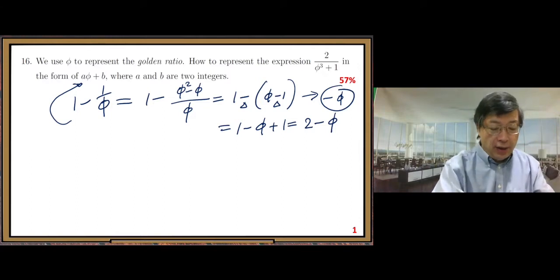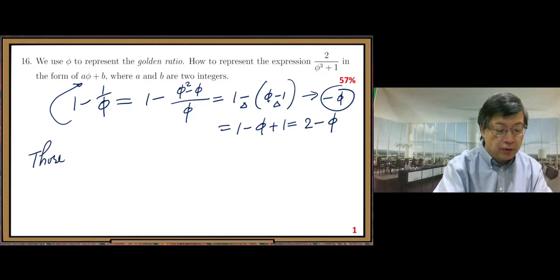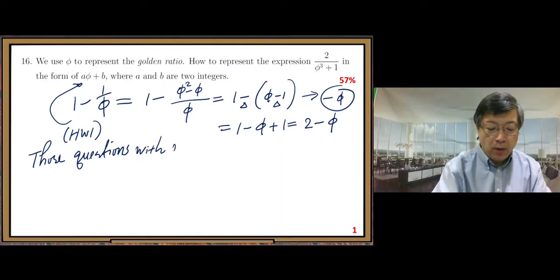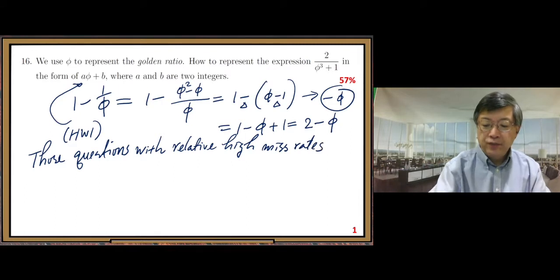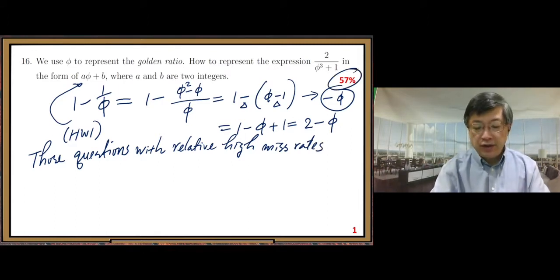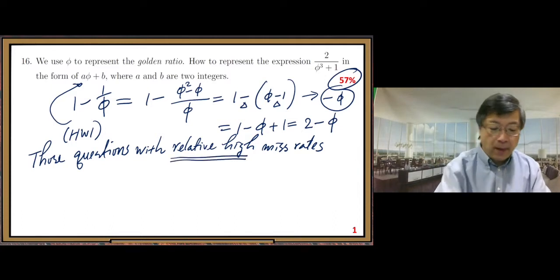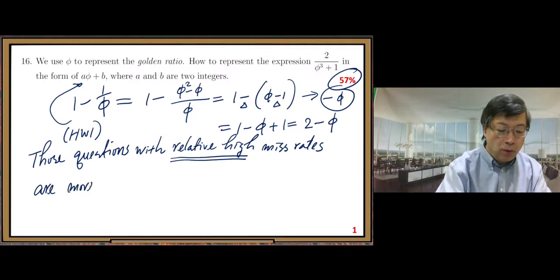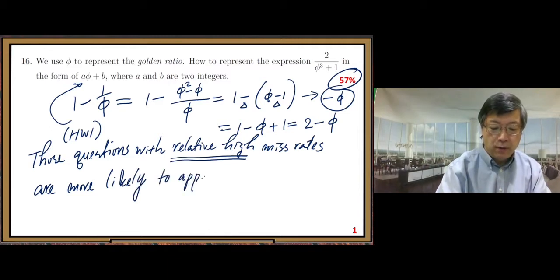Those questions in homework 1 with relatively high miss rates, that's the reason I give you the numbers there, so you can see, are more likely to appear in the midterm.